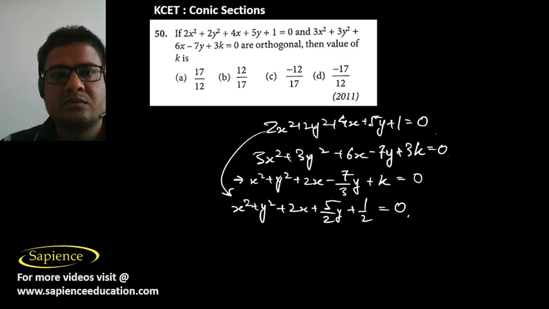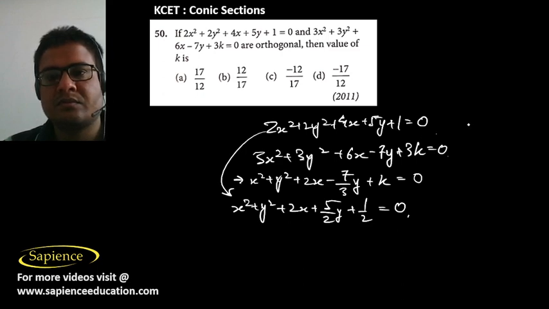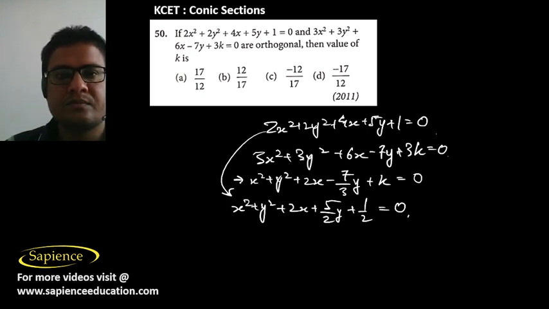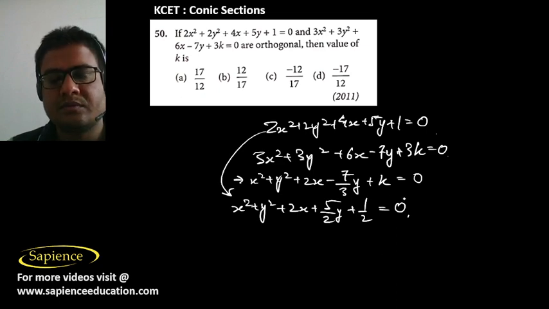Is equal to 0. Then the value of k is... Okay, so these two circles are orthogonal.